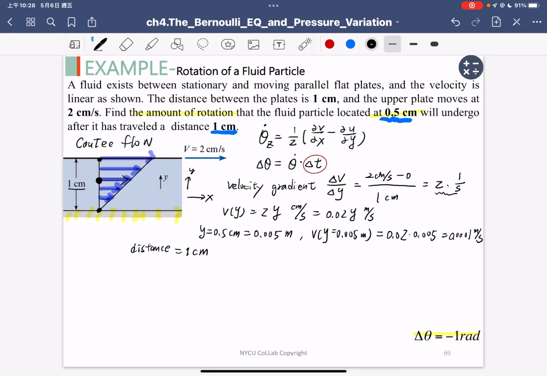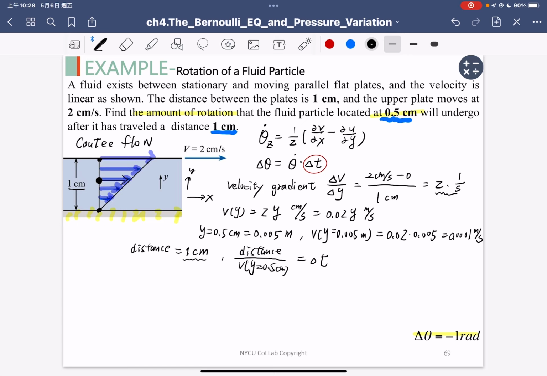So we know that, how can we calculate the delta t? Because the travel distance is 1 centimeter. So if you use the distance divided by the velocity when y is equal to 0.0 centimeters, you know the delta t we have.